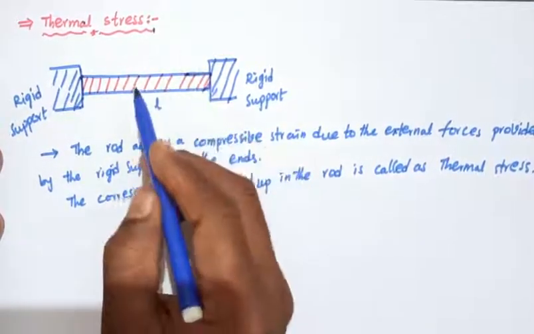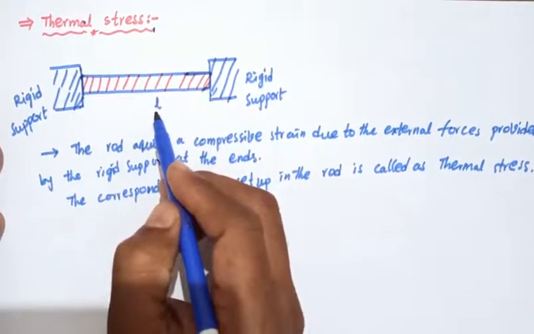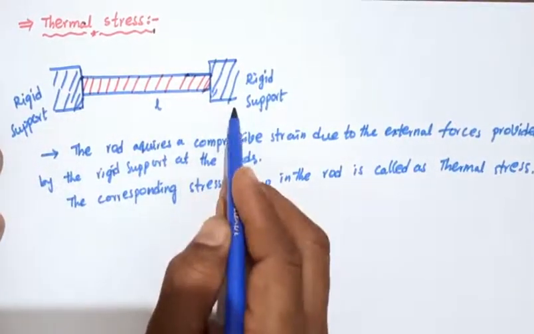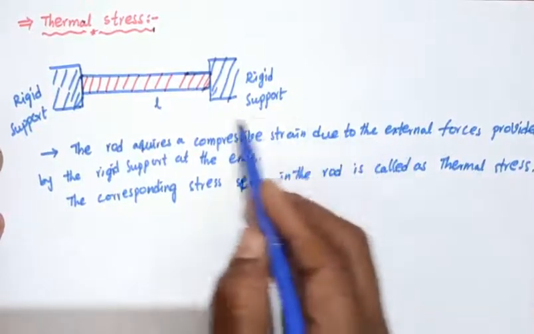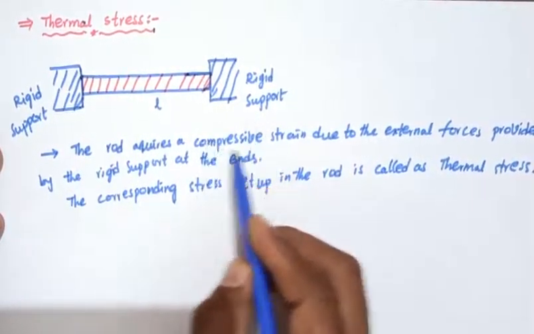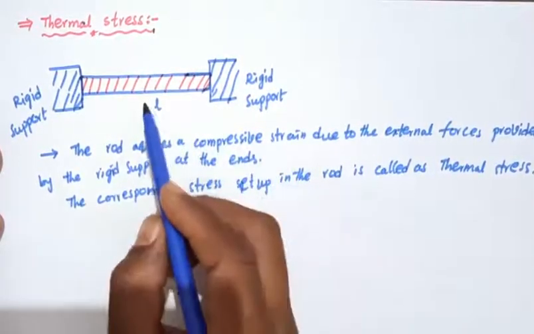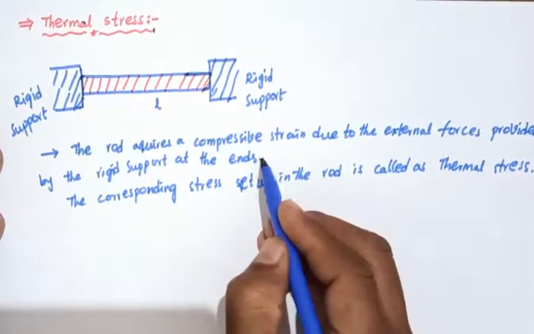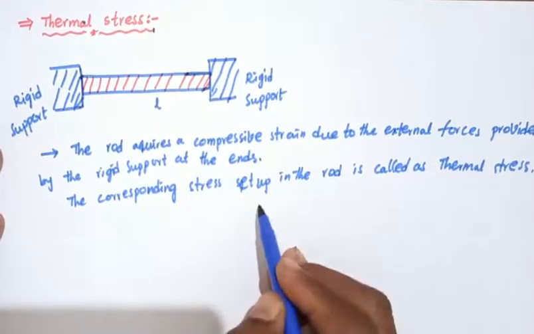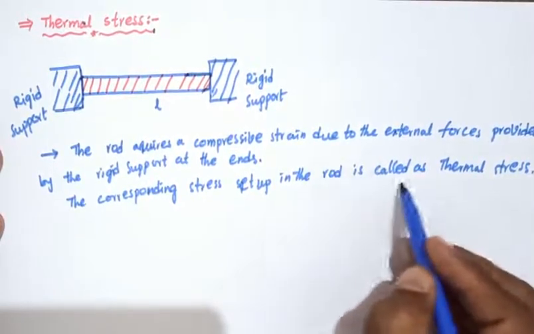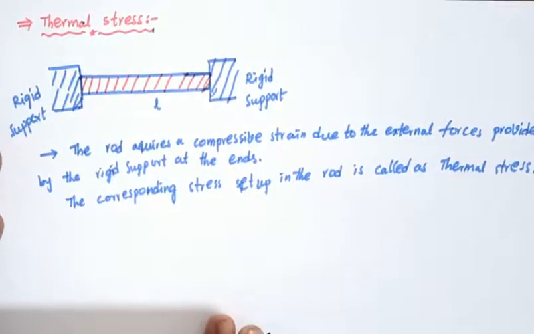But when the temperature increases and the two sides are fixed with rigid supports, a compressive strain is acquired by this rod. Then the corresponding stress set up in the rod is called the thermal stress.